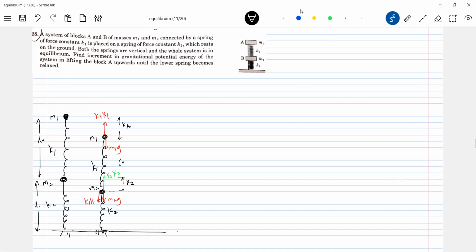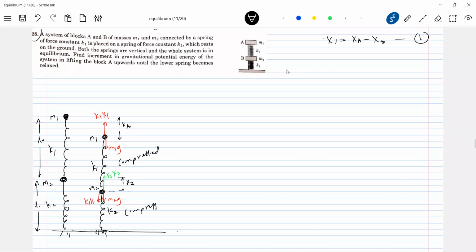So X1 should be XA minus X2. I'm discussing initial, not final. X1 is equal to XA minus X2. This is very important. Write equation 1.